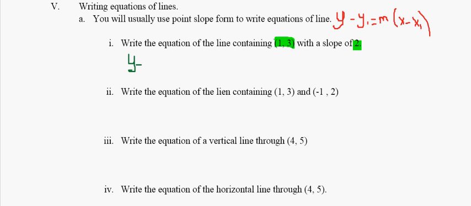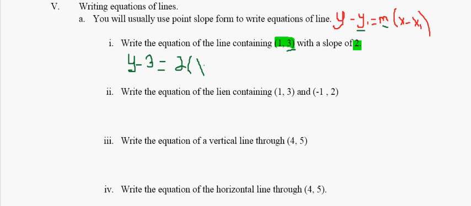Okay, so let's look at the first example. Write an equation of a line containing the point 1, 3, and it has a slope of 2. So I'm going to do y minus, and remember this y represents the y coordinate of your point.